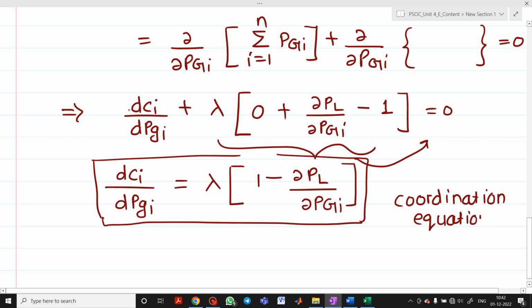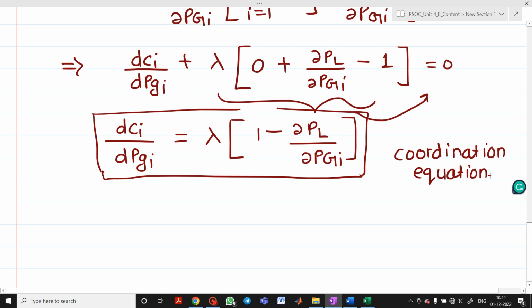Earlier, when we haven't taken PL, it was dCi upon dPGi equal to lambda. But now here we are taking the power loss, so that's why this is called your coordination equation. Therefore, please remember, it is to be noted that for solving the coordination equation, when power loss has been considered, it is necessary to find delta PL upon delta PGi.